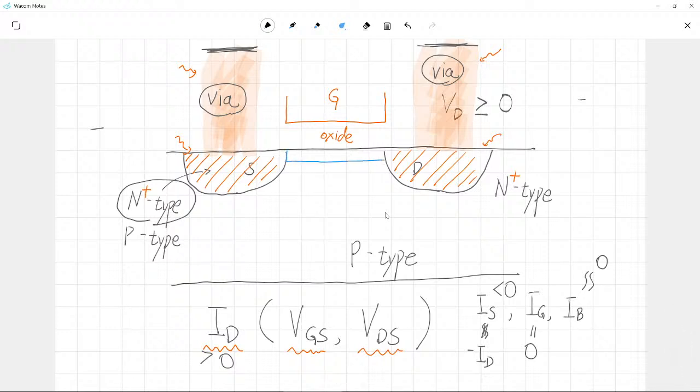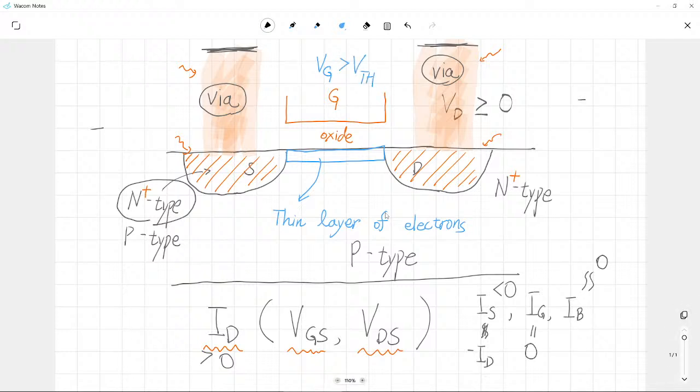we will have a thin layer of electrons. Okay, we will have a thin layer of electrons, and think about a certain case like gate voltage is sufficiently higher than threshold voltage.